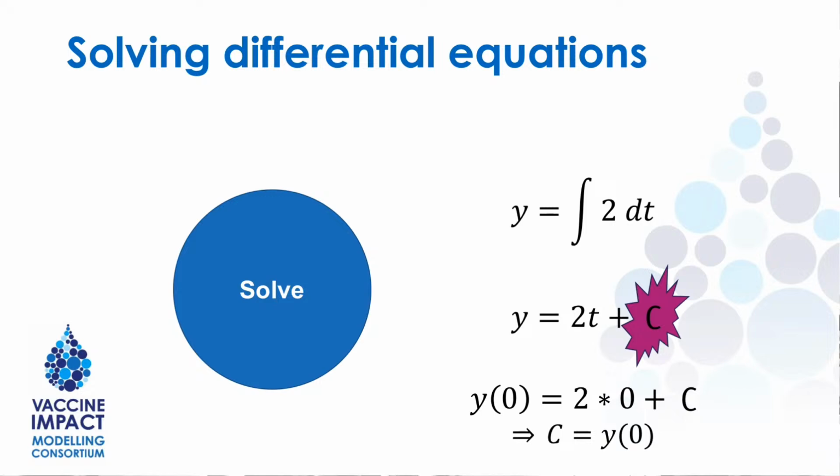So what is y of 0? If we've got a value for y at 0, our starting condition, then we can put it into our new equation and solve for c. So our constant of integration is our initial condition for y. Everyone happy so far? Great.